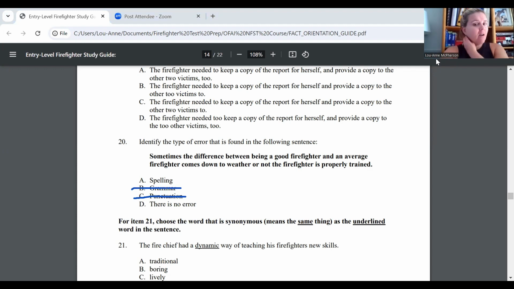Now, there is an error in this particular sentence, and the error is in spelling with whether. All right, so your answer is going to be A. It's a spelling error, and I want to talk to you about how you're being tested in spelling on the firefighter aptitude and character test, or the FACT test.